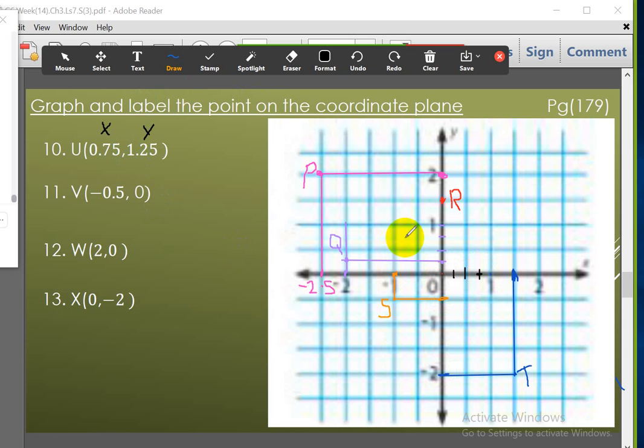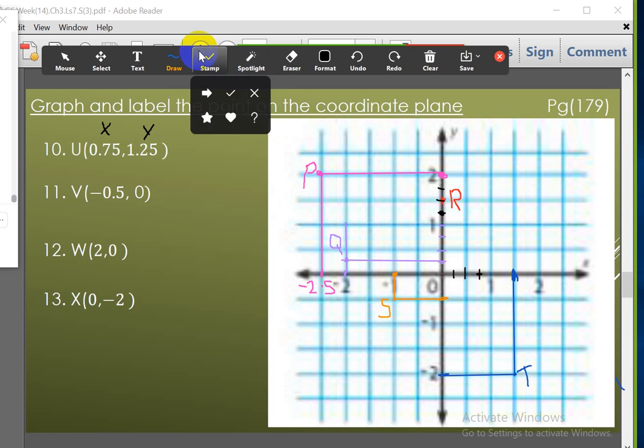Okay, now the y is 1.25. 1.25 means it will be up, because it's positive, between 1 and 2. Also, if you divide the distance between 1 and 2 into 4 equal parts, each one will be 0.25. So this is 1 and this is 1.25.